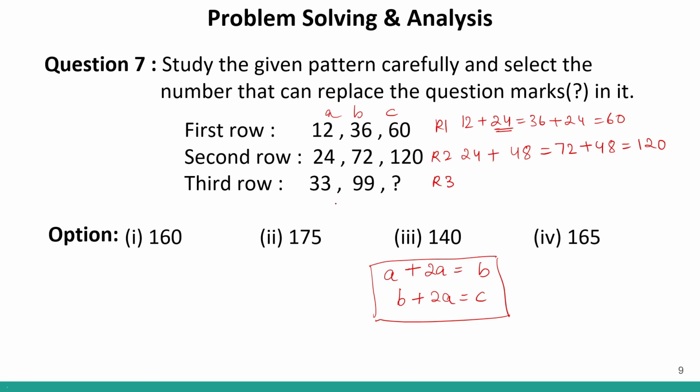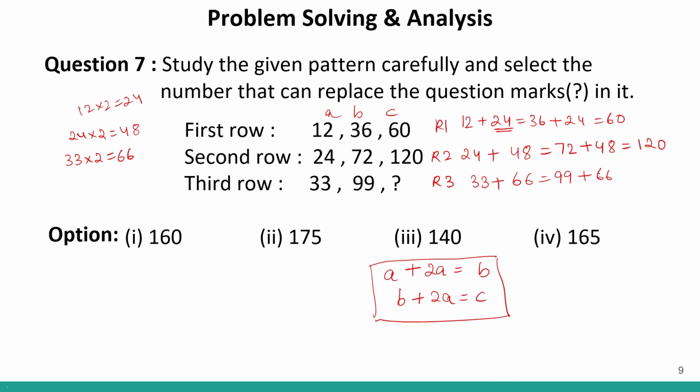If I look at row 3, I can see that 33 plus 33 into 2 is what? Over here, let me write. 12 into 2 was 24. Similarly, 24 into 2 was 48. And similarly, 33 into 2 will be 66. Correct? So 33 plus 66 will give me 99. Plus again 66.